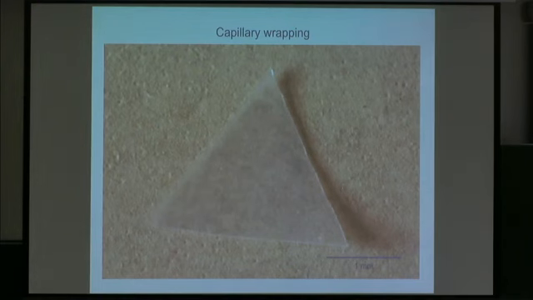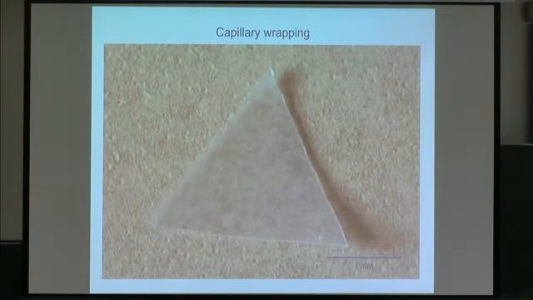Well, yes, it will. So here this is a triangle cut from a thin sheet of PDMS, silicone if you prefer. The edges of this triangle are about a couple of millimeters. The thickness is about 50 microns, and this is silicone, so it's pretty soft.